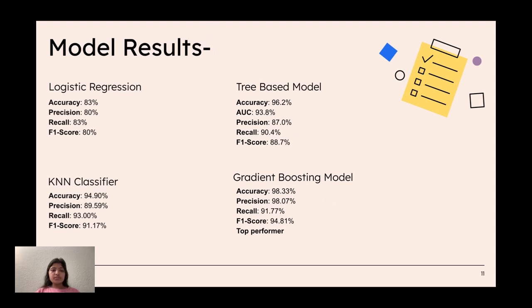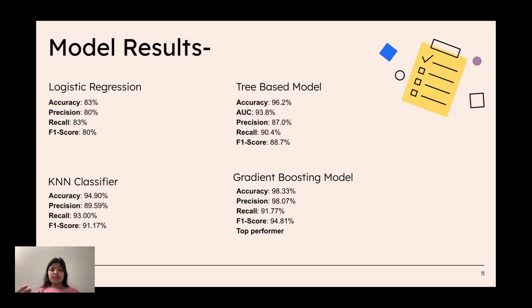Here we tried to consider four primary models to predict our target variable. We picked a logistic regression. Logistic regression considers a correlation between the independent variables as well as the target variable. And with that, we were able to come up with an F1 score of 80%.